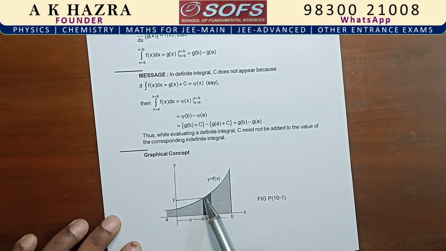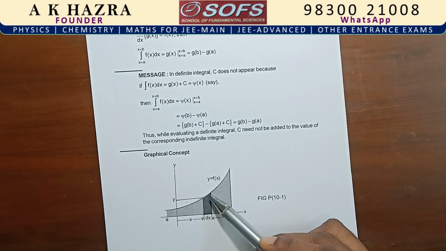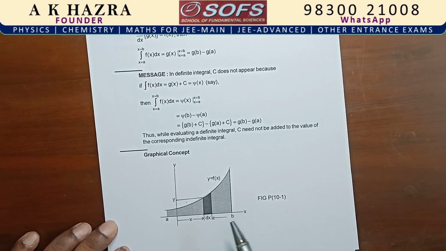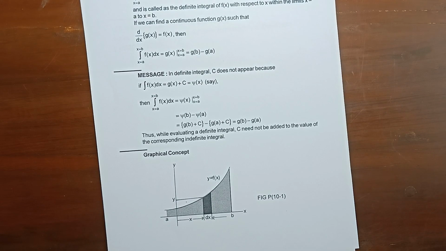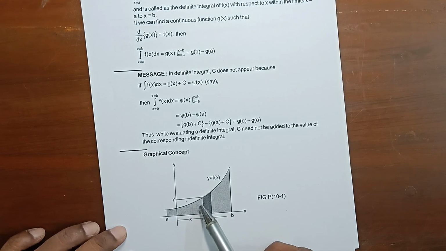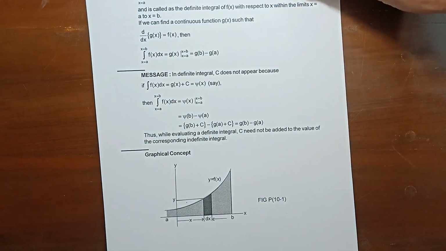Again I am telling you, the area of the trapezium is equal to area of the rectangle y into dx plus triangle. But since dx tends to 0, the area of the triangle is sufficiently close to 0, because this line will move towards left, making the area of the triangle tend to 0. So actually the area of the deep shaded region is sufficiently close to area of the rectangle of length y and width dx, that is y dx.